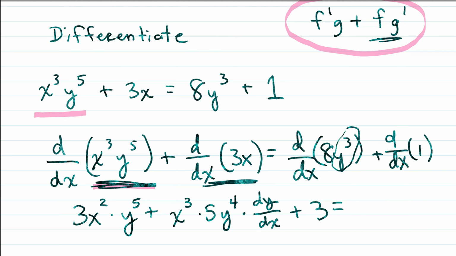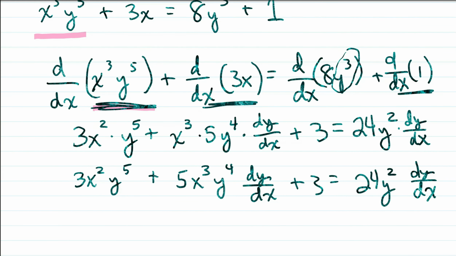However, see the y, it's not the variable that we're taking the derivative with respect to, right? So we're going to use our chain rule. So that'll be 3y to the second times the 8 makes it a 24y to the second, right? And then you have to multiply it times the derivative of the inner, which is dy dx, all right? And then the derivative of any constant is 0, and I don't need to write that.